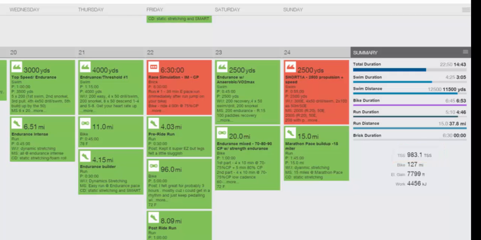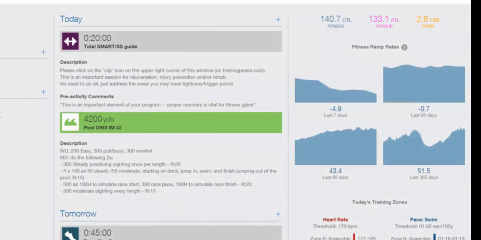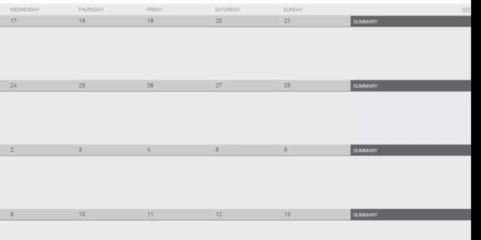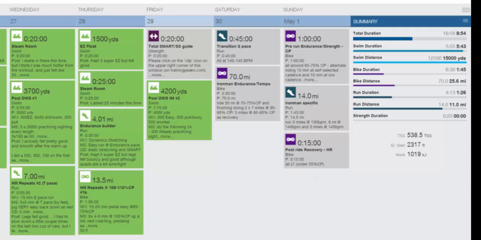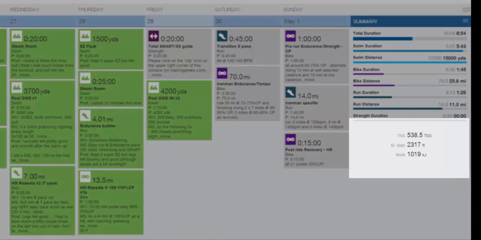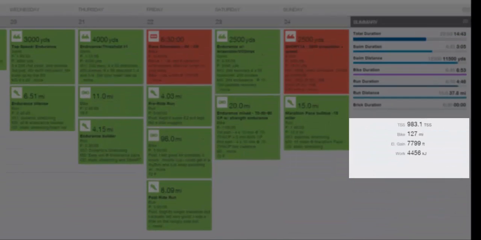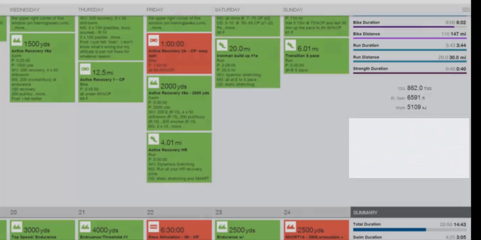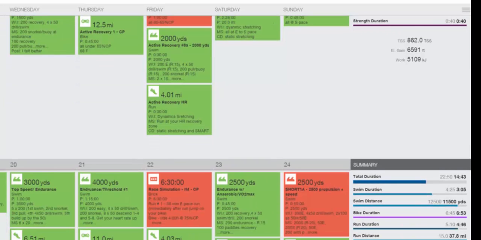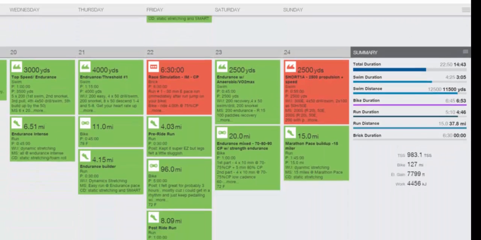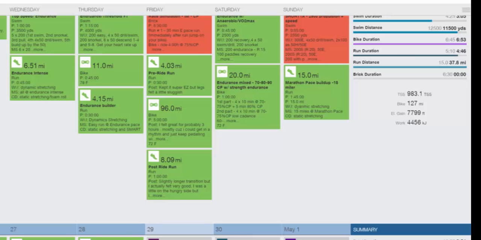Okay, so how does that relate to the homepage, to your fitness, your fatigue, and your form? Well, what the software does is that all those points that you're accumulating every day and every week in terms of your training stress score, it gives you points. So this week she has accumulated 538. Last week she accumulated 983, and so forth. So all those points get added, and then it's divided by 42 days.